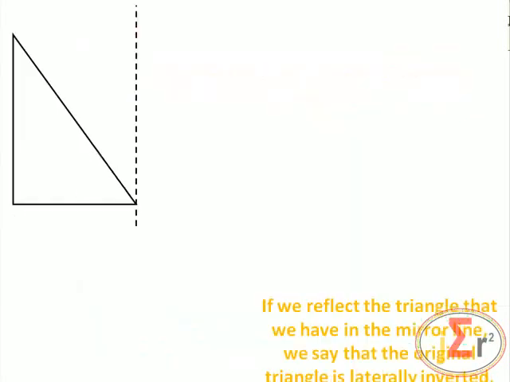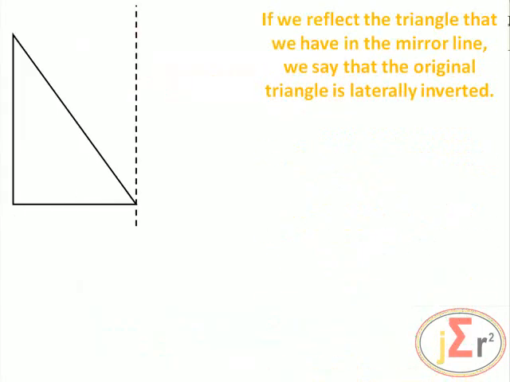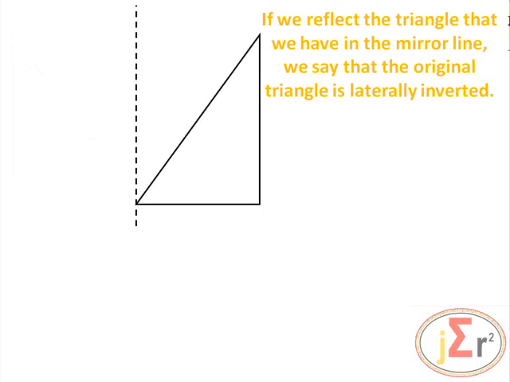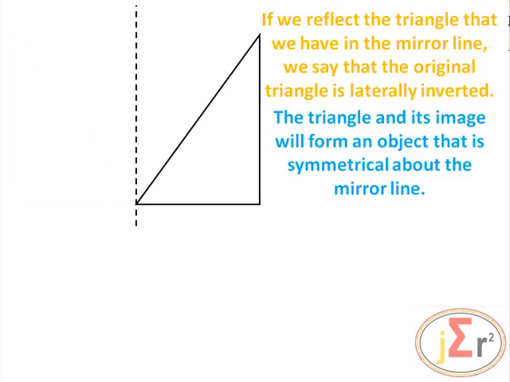If we reflect the triangle that we have in the mirror line, we say that the original triangle is laterally inverted. So we take that triangle and we reflect it in the mirror line that we have there.